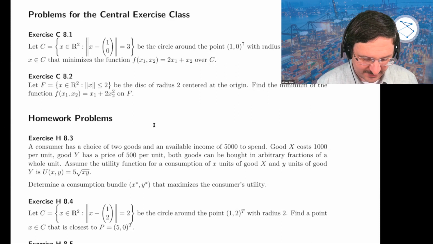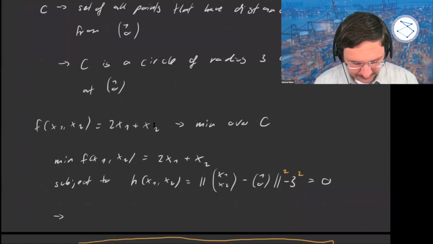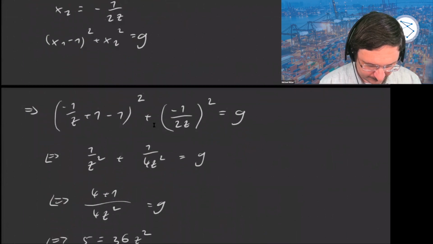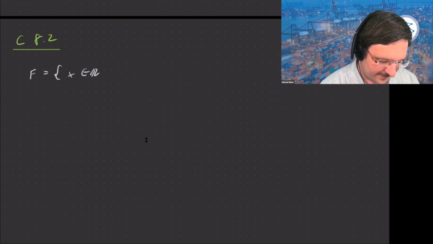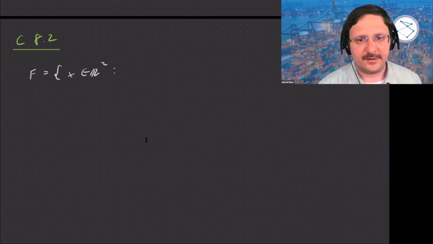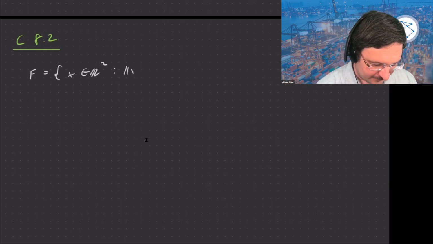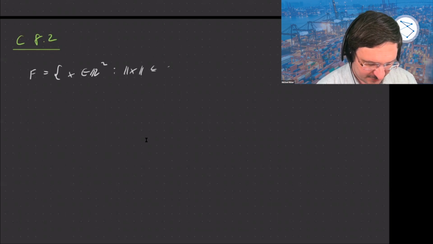And again, we want to minimize the function. That looks a little more difficult now, but not that much, yeah? So this is our F. So we have this feasible region F, again described as all x in the two-dimensional plane where the norm is less or equal to 2.